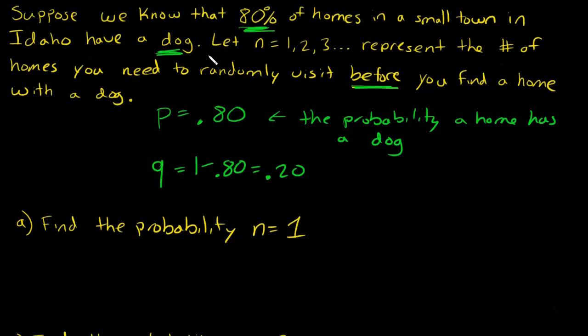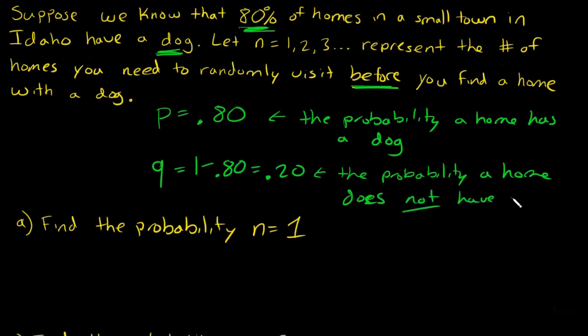So basically 80% of homes have a dog, and 20% of homes do not have a dog. So this is the probability a home does not have a dog. This is basically the probability of failing.